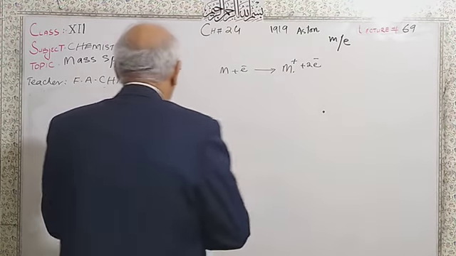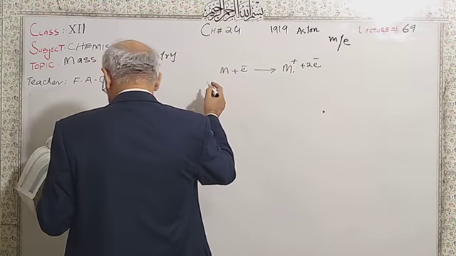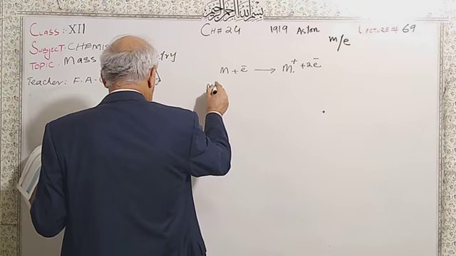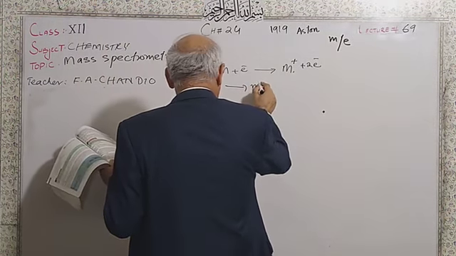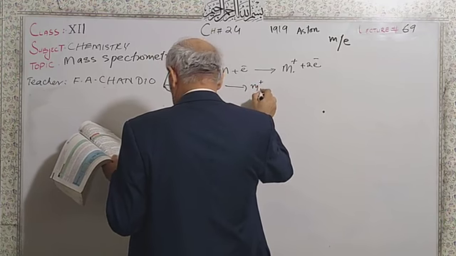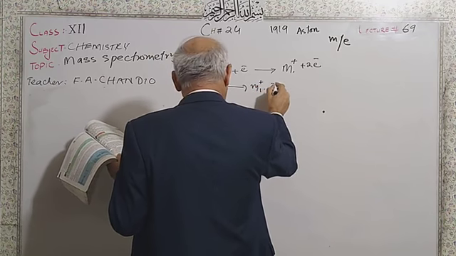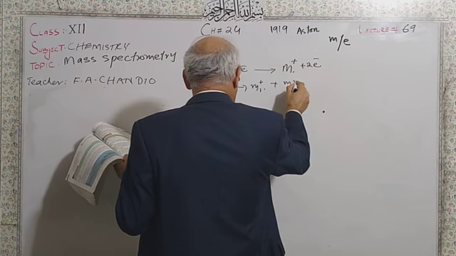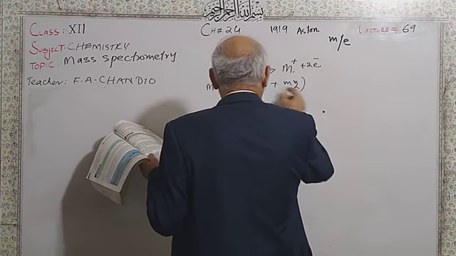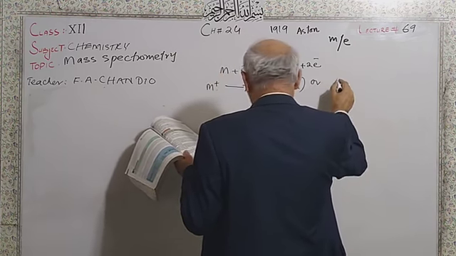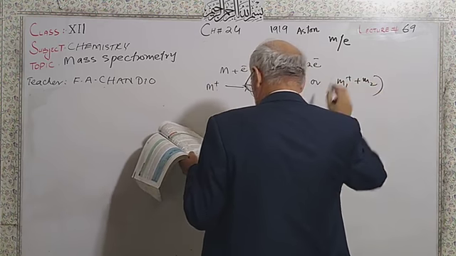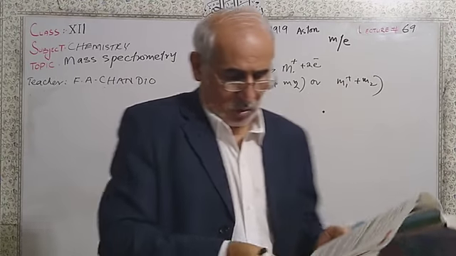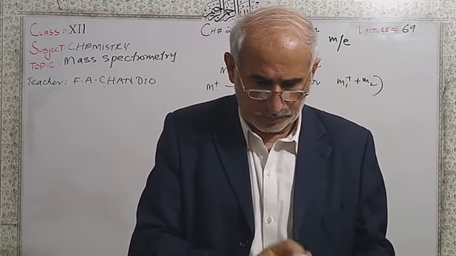They are going to be changed into fragment ions. So this is the M1 fragment plus M2 fragment, or like this one. It may be formed in this form.